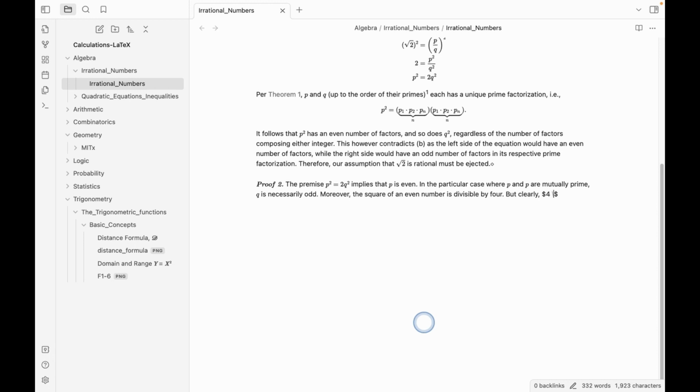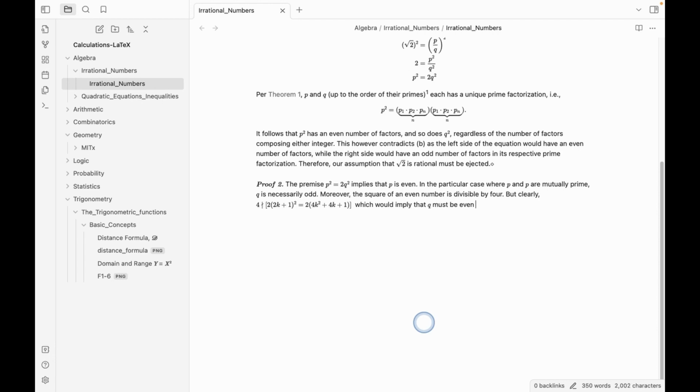but clearly, 4 does not divide the following value. And all we've done here to derive this value is we've taken the right-hand side of the equation of the premise derived in step B, and we've substituted for q the definition of an even number, as we understand q necessarily to be an odd number, which would imply that q must be even.